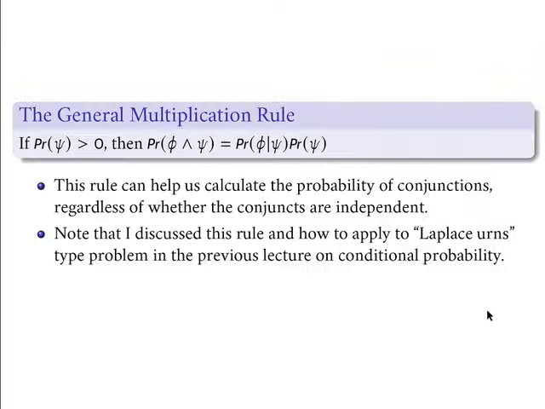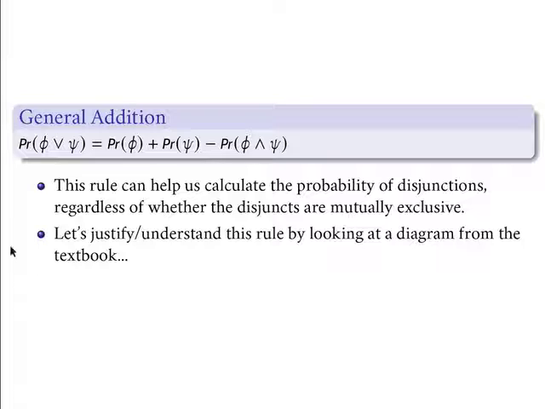But there's other things we might care about where the disjuncts are not mutually exclusive. For instance, with a card deck, you might wonder what the probability of drawing a jack or a hearts is.